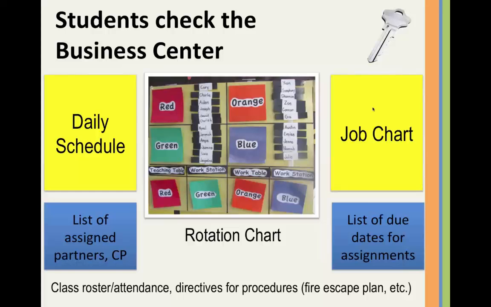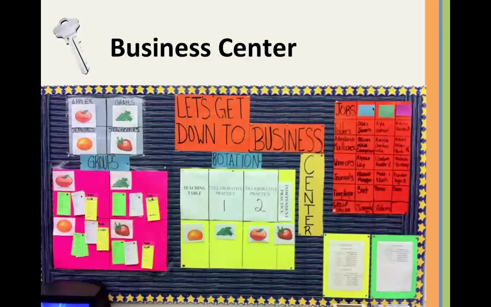So this is a copy of one business center, and what you see is they've got the grouping chart. That's good. They've got the job chart over on the right. They've got their groups down on the bottom right, but what's missing on this one is the daily schedule.